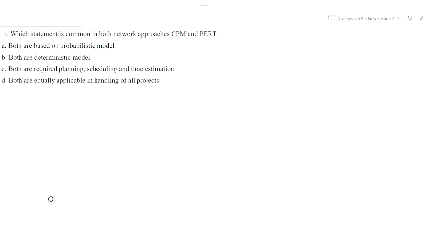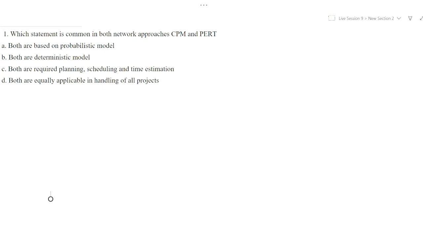The first question is, which statement is common in both network approaches, CPM and PERT? These are questions based on the topic which we discussed last time, the critical path method and the PERT method. Both are based on which type of model?